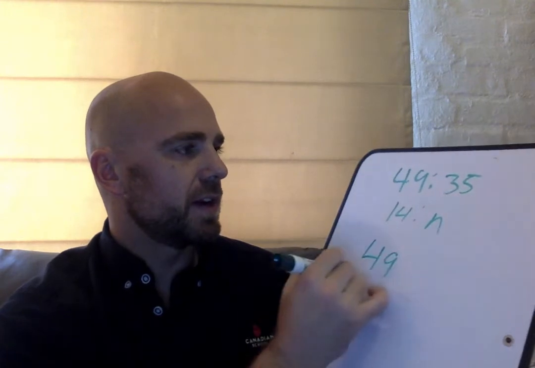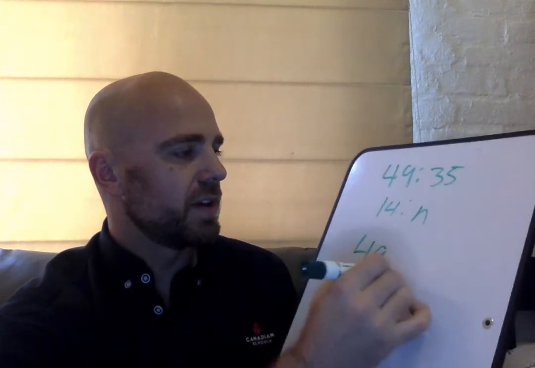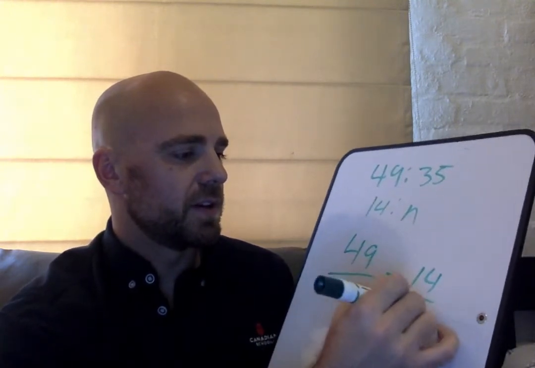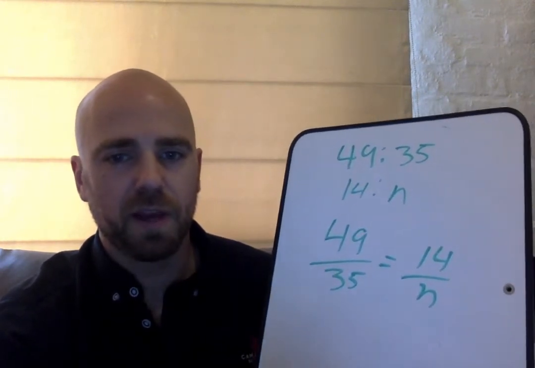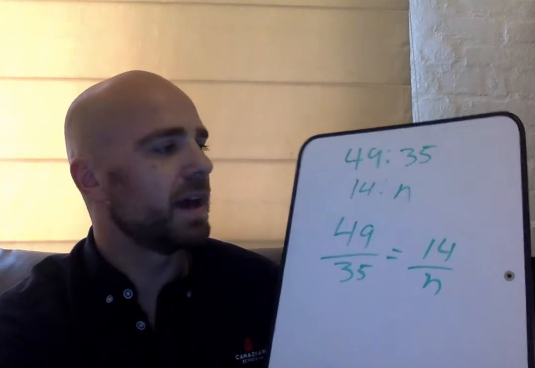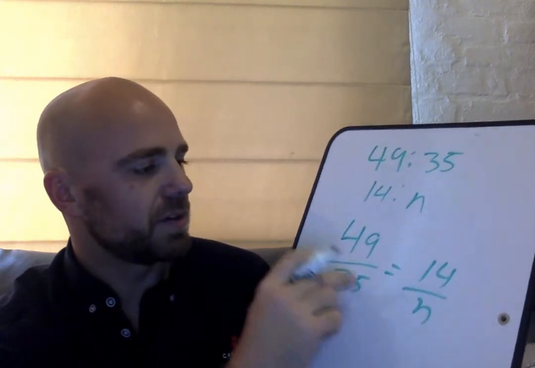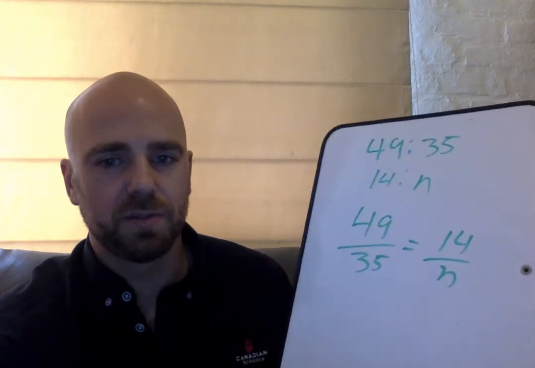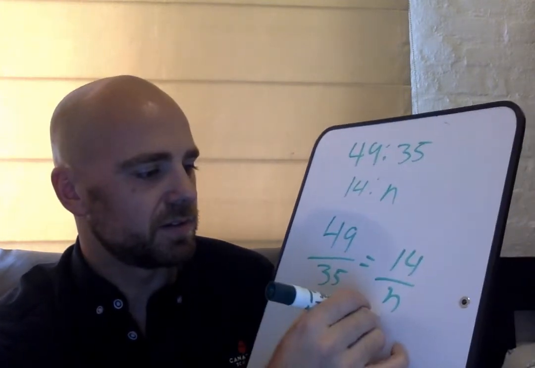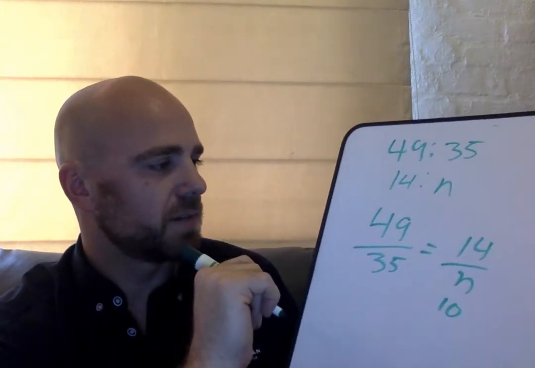So we've got 49 over 35 is equal to 14 over n. From here, we can do our cross multiply and divide. So 14 times 35 divided by 49, and we are going to get 10. 10 becomes our answer.